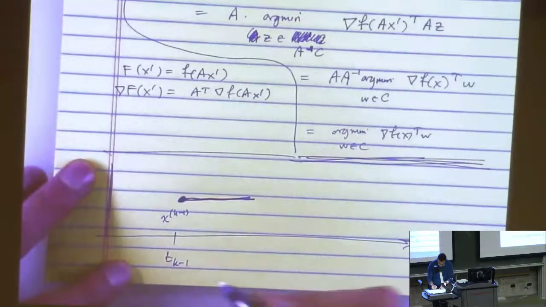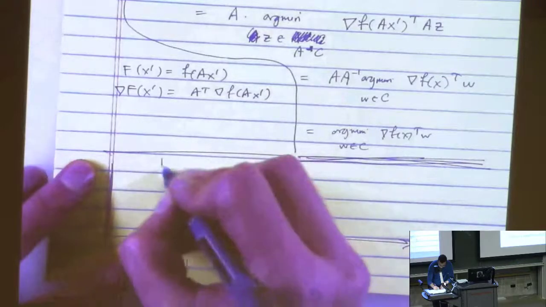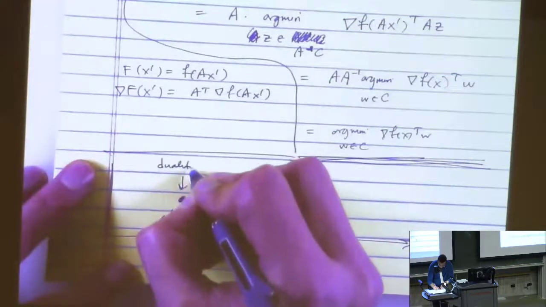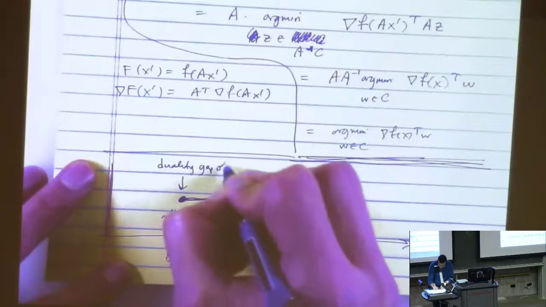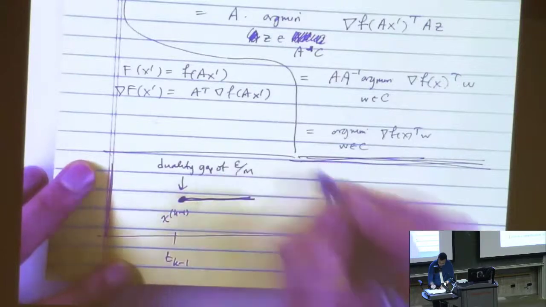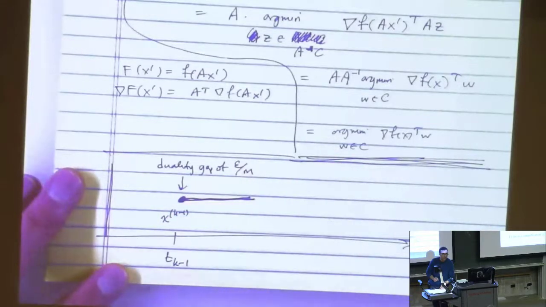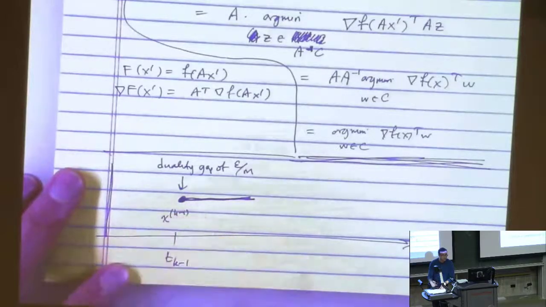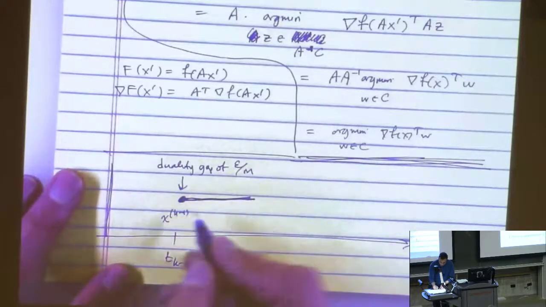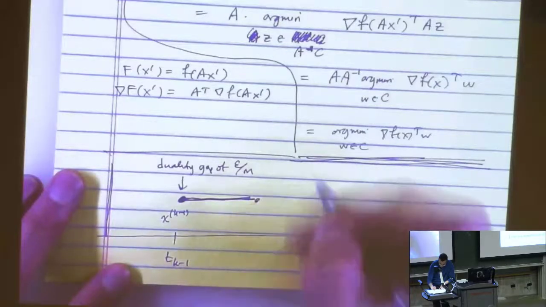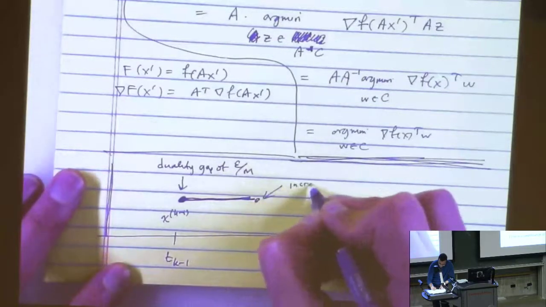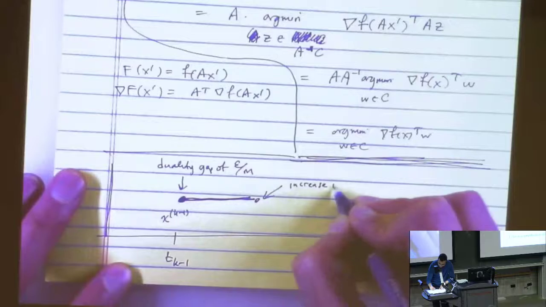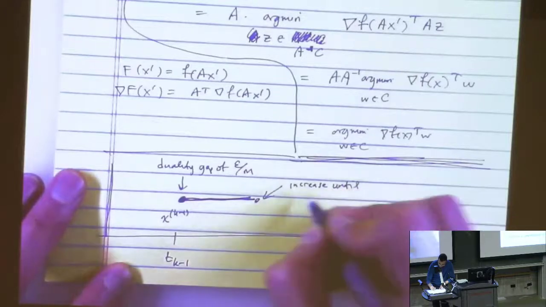Well, what I do is I actually compute this to a duality gap of epsilon over m for some constant m. So I get a better than epsilon approximation here. I seek a duality gap that's smaller, and I increase t until the duality gap is epsilon.